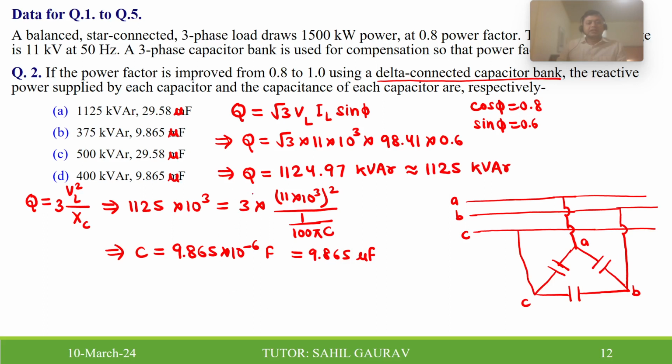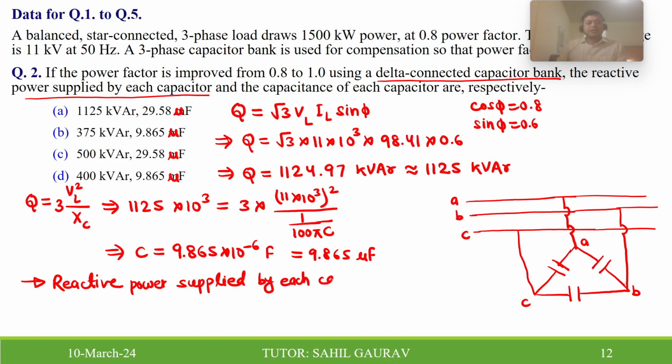So this is the total reactive power supplied by the capacitor bank. And in this problem, we have to answer the reactive power supplied by each capacitor, so it should be divided by 3. Reactive power supplied by each capacitor equals 1125 divided by 3 kVAR.